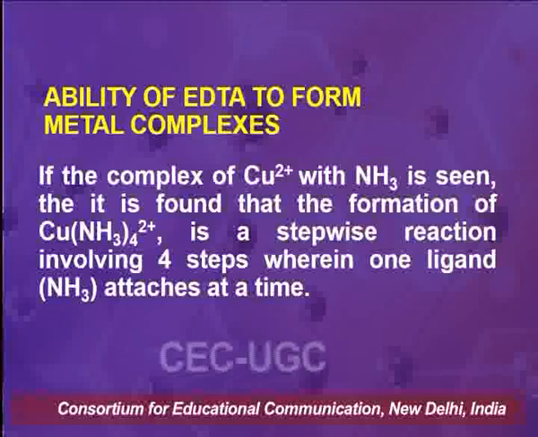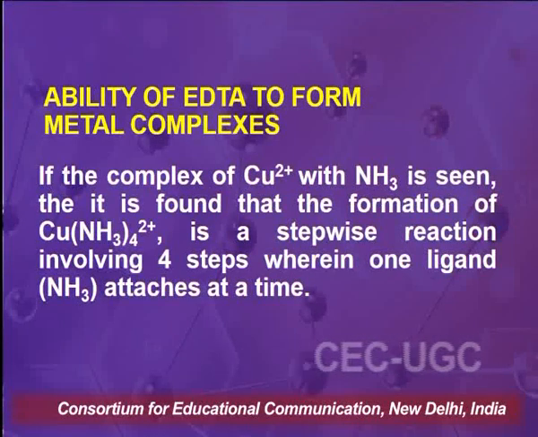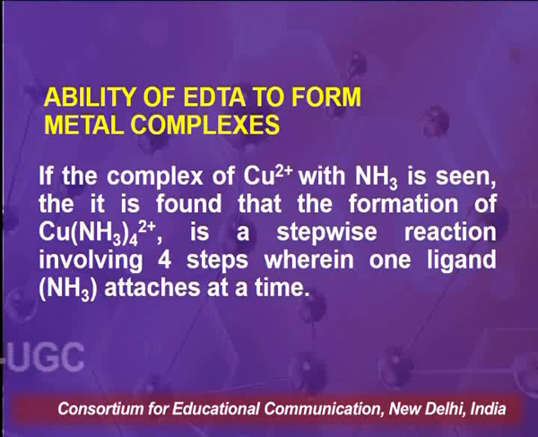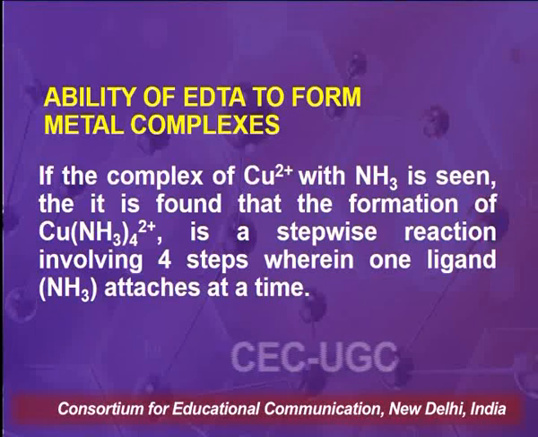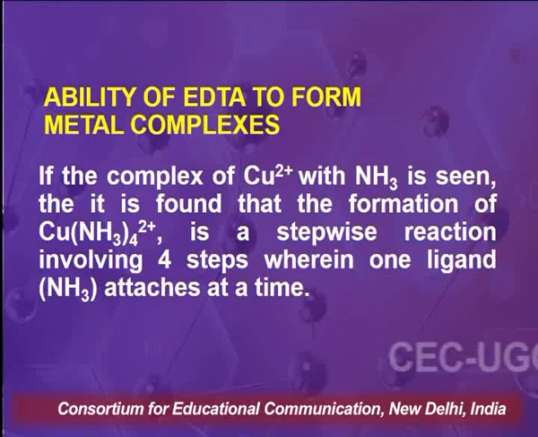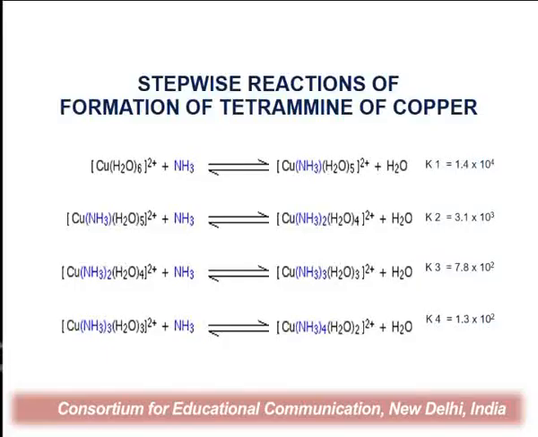The formation of copper tetramine is a stepwise reaction involving 4 steps wherein one ligand attaches at a time, and this ligand is ammonia. These are the stepwise reactions which can be observed for the formation of the tetramine complex of copper.